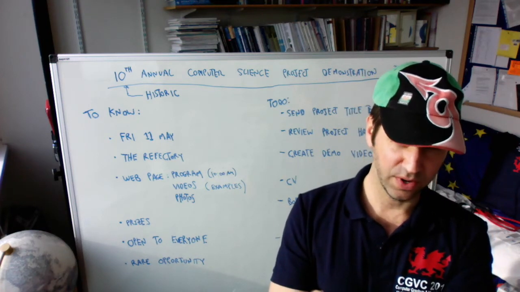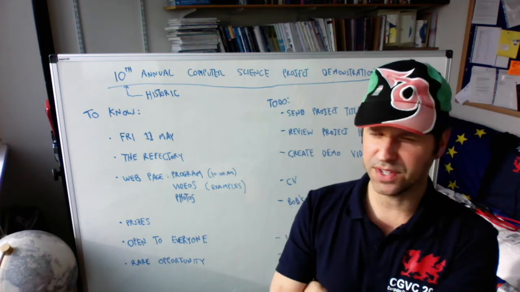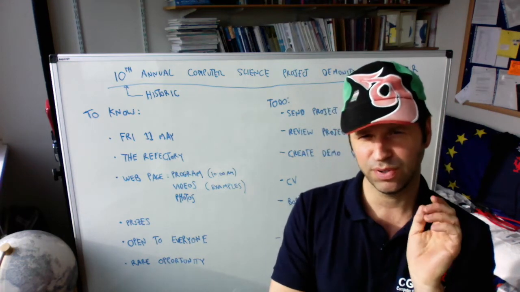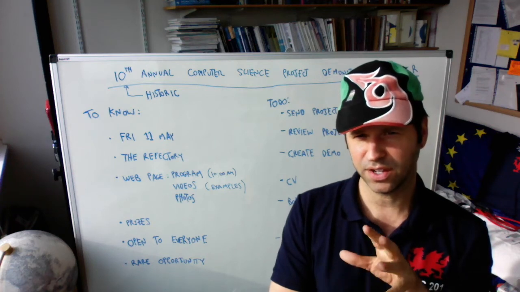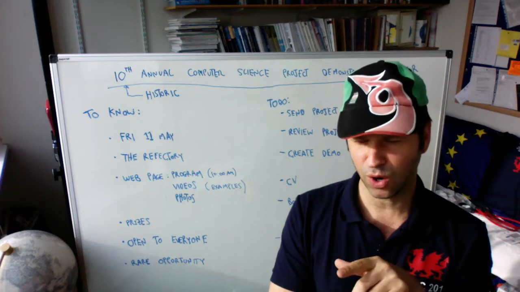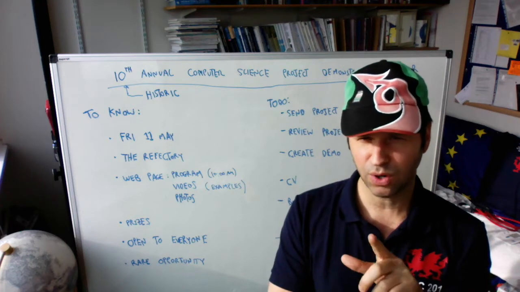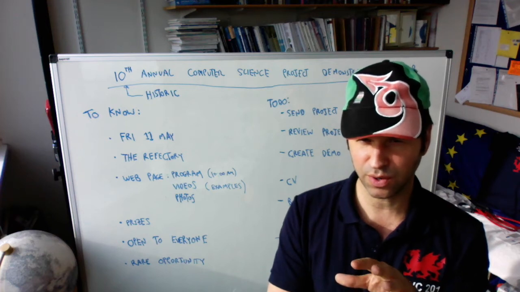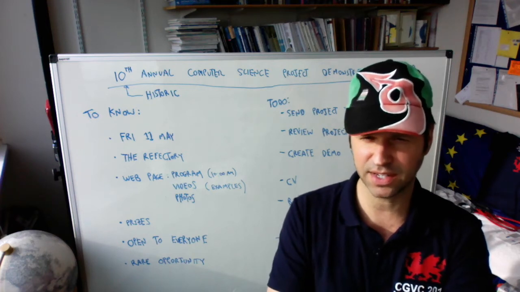And that will be very helpful on this project demonstration fair day. So you can play the video and then explain your software, and you can have that video on auto loop, right? So it can always be playing, and you can be ready to explain what your software does at any time.